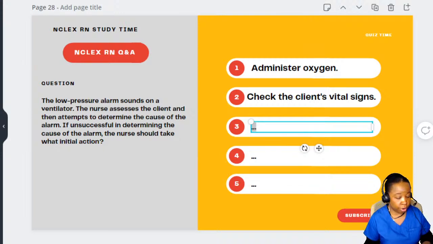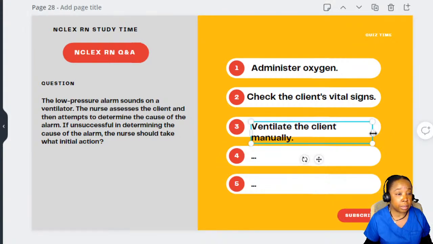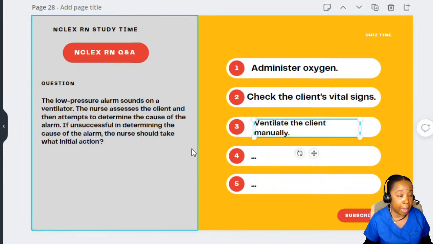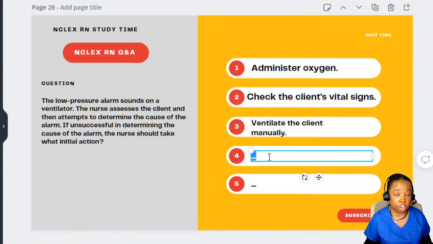And the third one is ventilate the patient manually. Here, ventilate the patient manually means bag the patient. You have to take an Ambu bag and bag the patient because you don't know what to do.